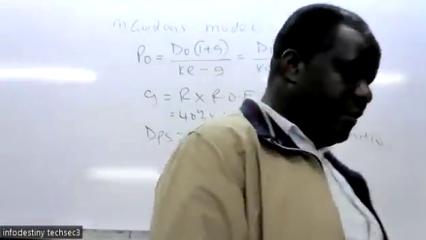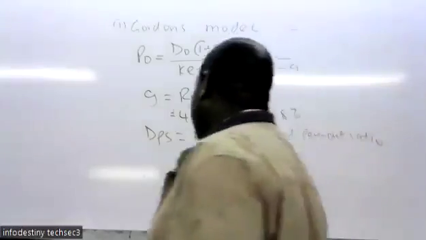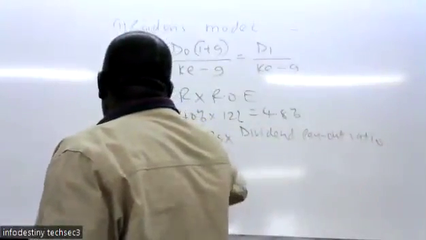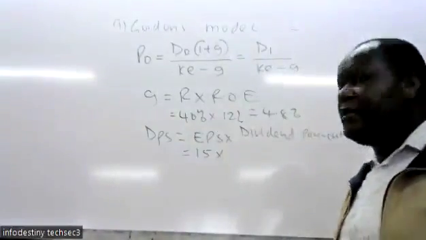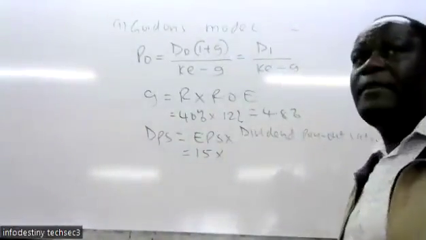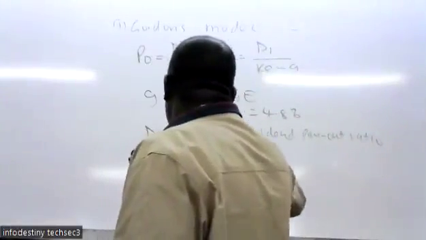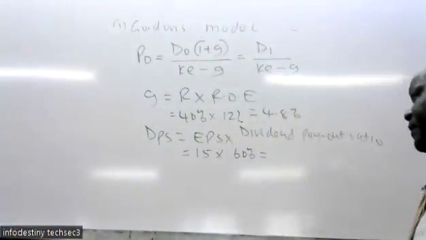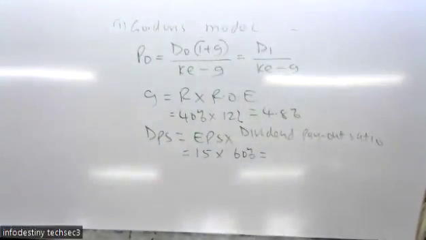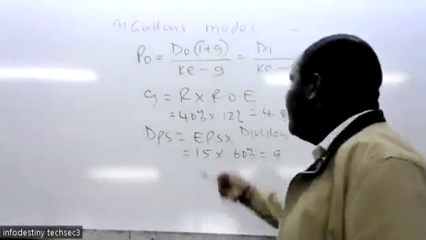The question gave you earnings per share as 15. The retention ratio is 40%, so the payout ratio should be what percent? 60%. So get 60% of that shillings 15. Exactly 9.